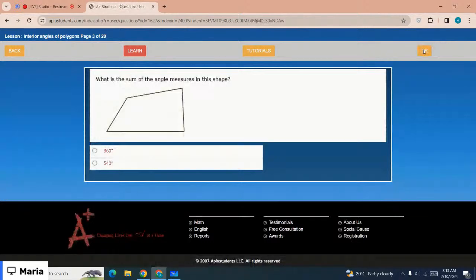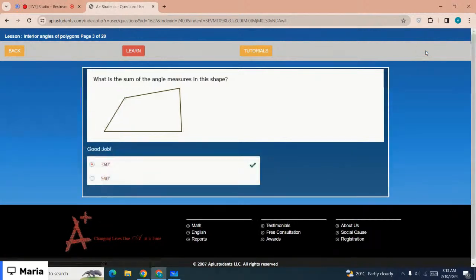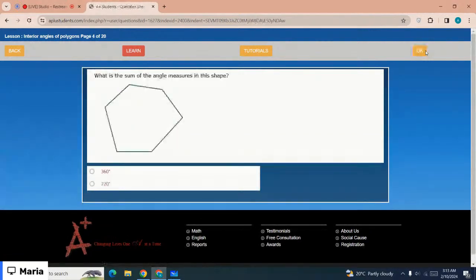What is the sum of the angle measures in this shape? The correct option is again 360 degrees, right? What is the sum of the angles measured in this shape?